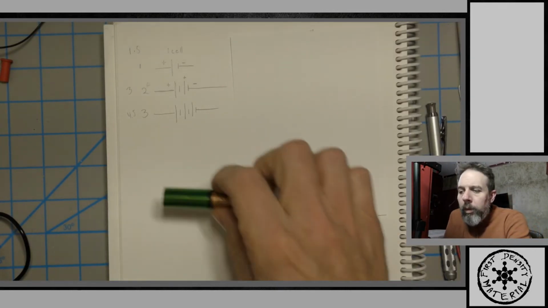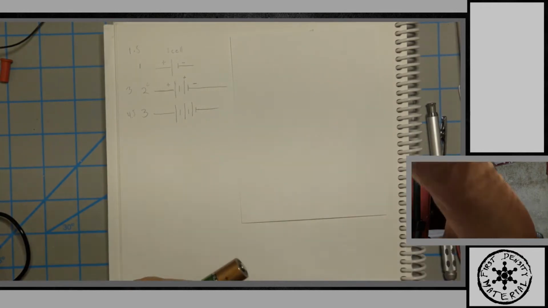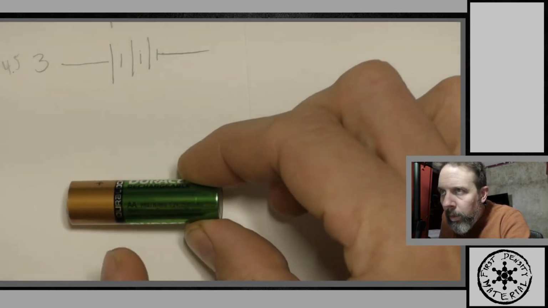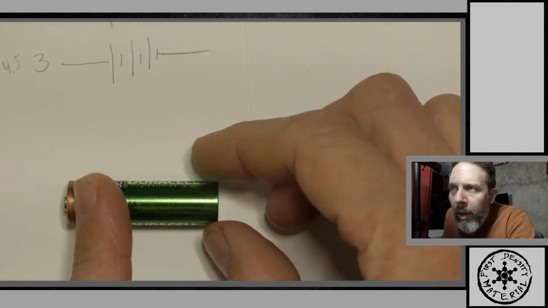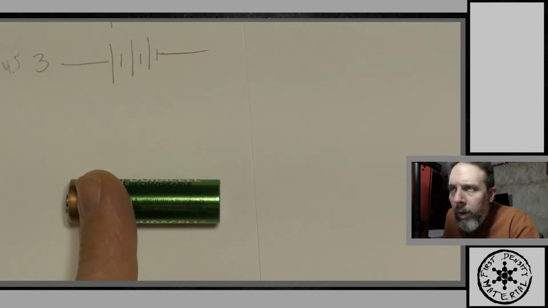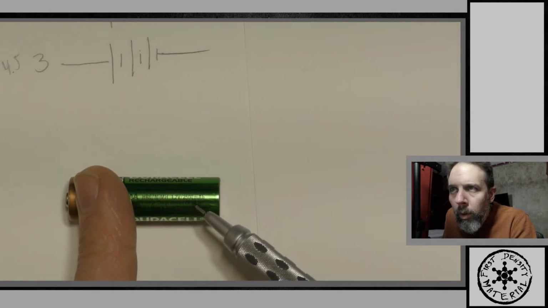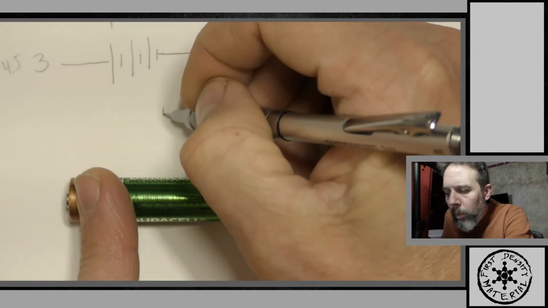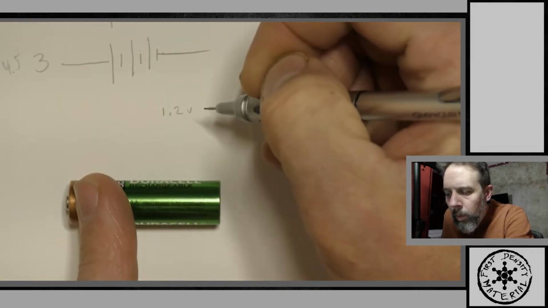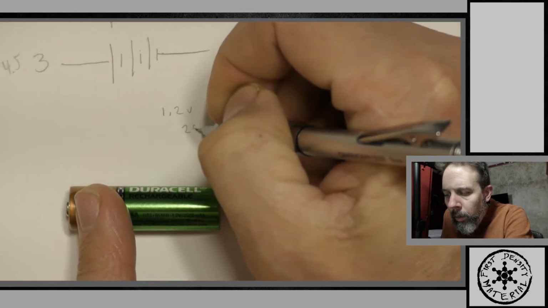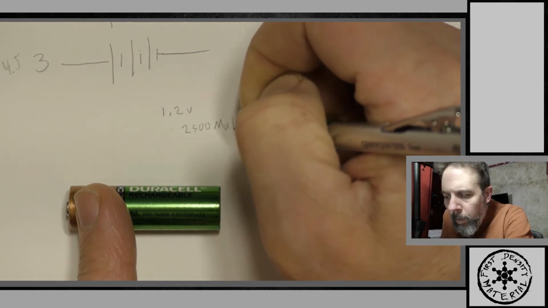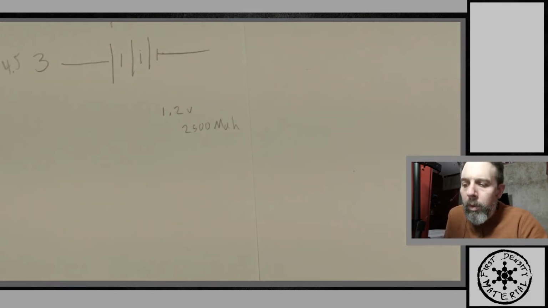Alright, so batteries look like this. If you look at them real close, written on this battery, it says 1.2 volts, 2500 milliamps, and the H stands for hours.